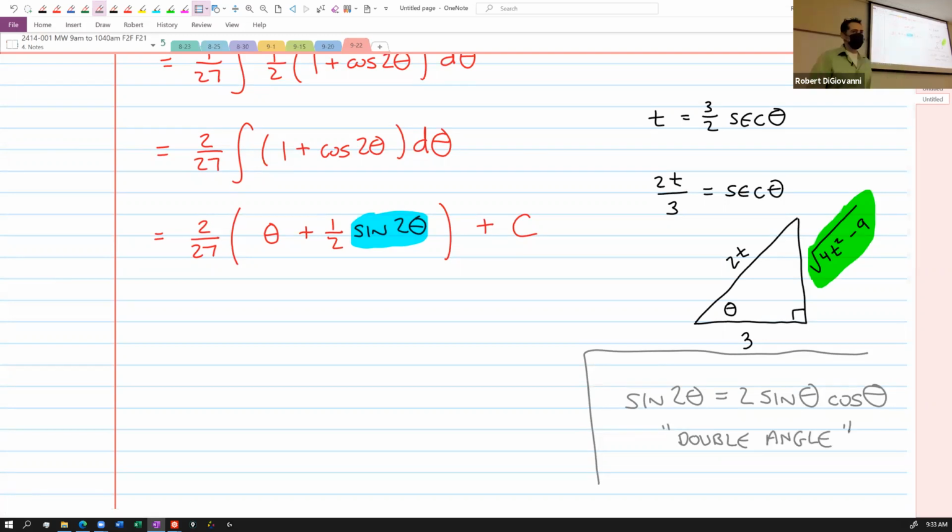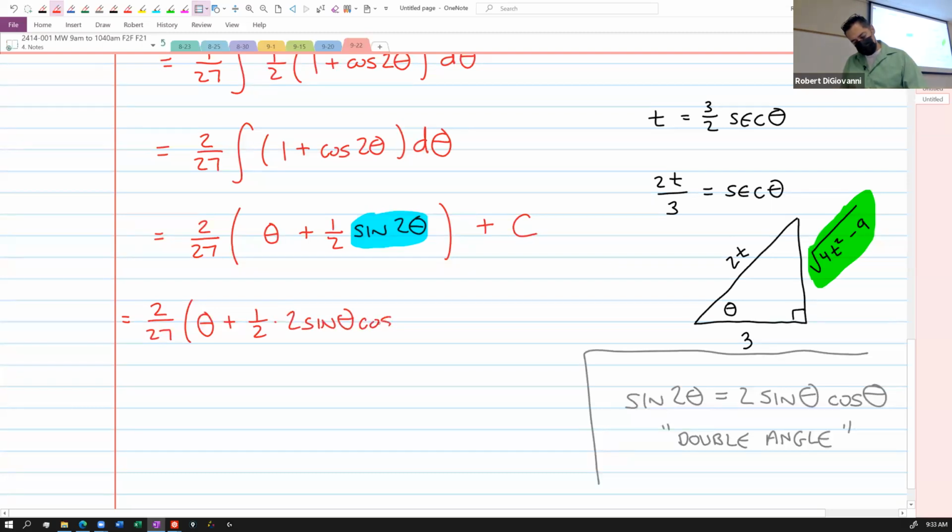So if I use that formula and I replace this blue part with 2 sine theta cosine theta, then I get some nice stuff here. This becomes 2/27 theta plus 1/2 times 2 sine theta cosine theta, and then plus c, the 2s cancel.